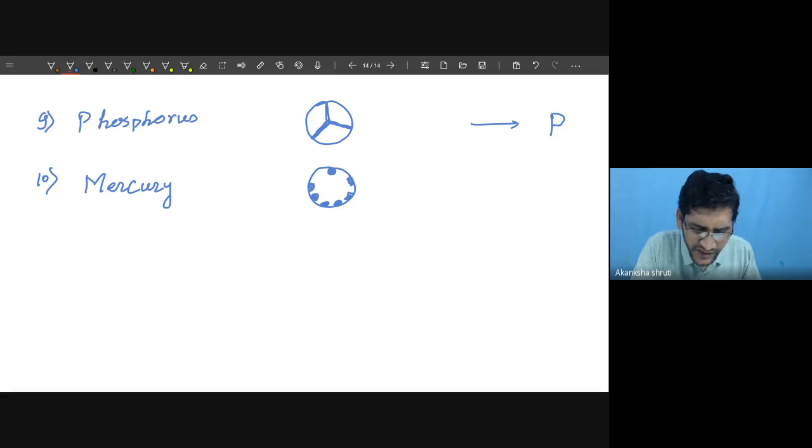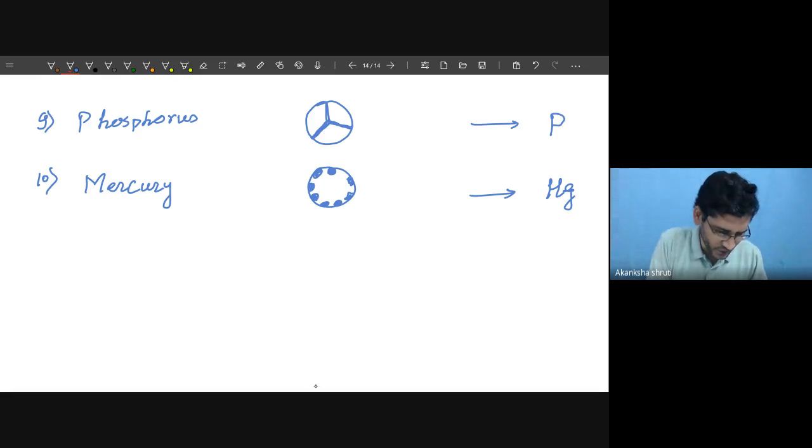So these were the denotations given by Dalton. But nowadays mercury is denoted by Hg. Hg, based on the Latin name, this denotation is given.